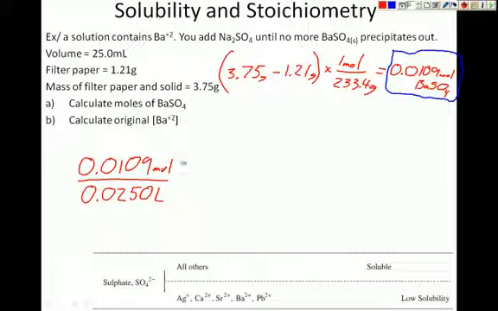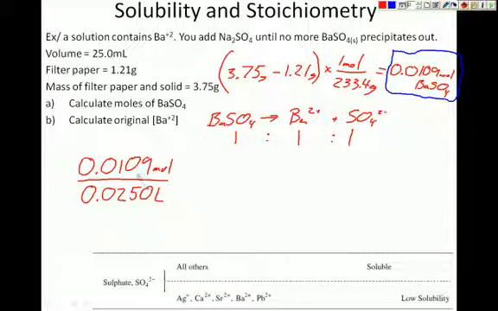So before we go ahead with this calculation, I just want to show you what this is looking like. So what we have here is barium sulfate, and if this was to dissolve, you'd be left with Ba2+ and sulfate. Here's the equation right here, and as we can see, it's a 1 to 1 to 1 ratio.